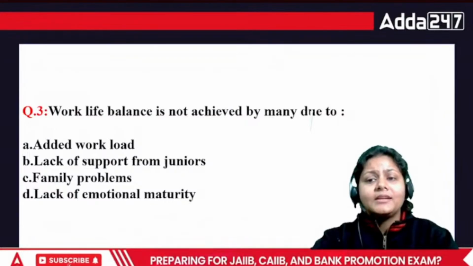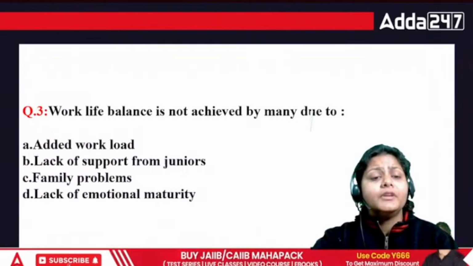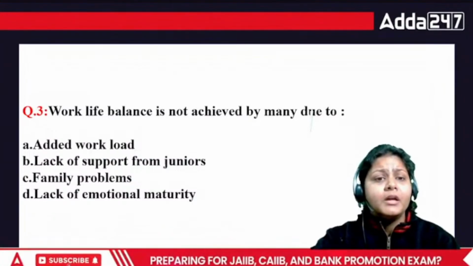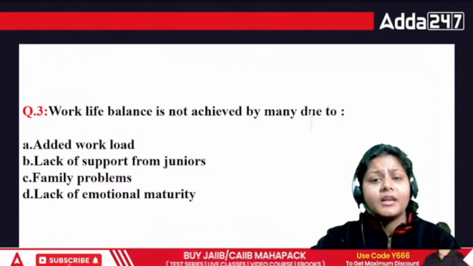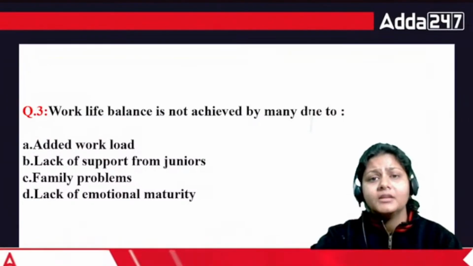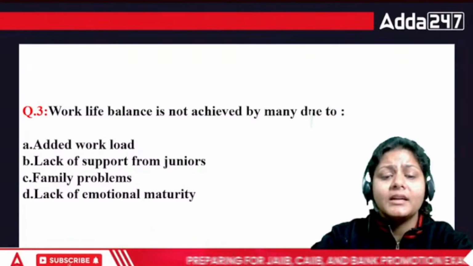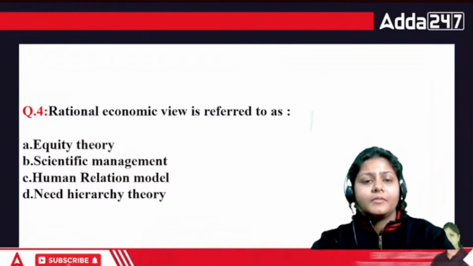At that time we feel stress, because we are not able to perform, and we are not able to justify how we can manage the work life balance. So the answer here is D.